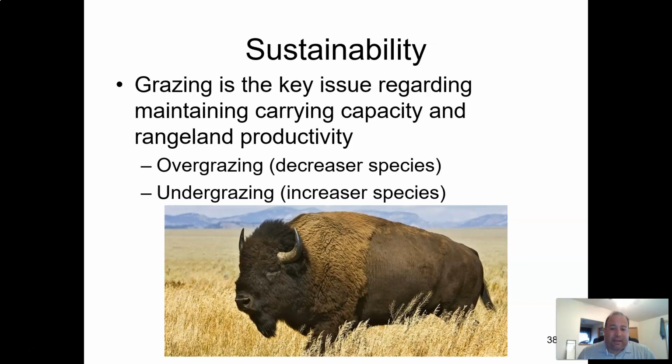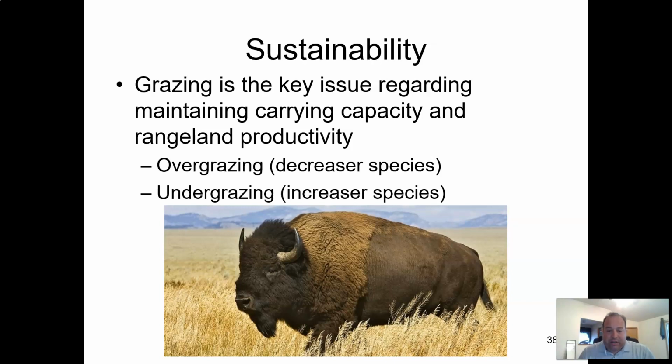Decreaser species are species that you want, that the animals really like. So if it's overgrazed, you're going to end up with a lack of decreaser species, because that's the stuff that they like. Whereas if it's undergrazed, you're going to end up with a lot of increaser species.